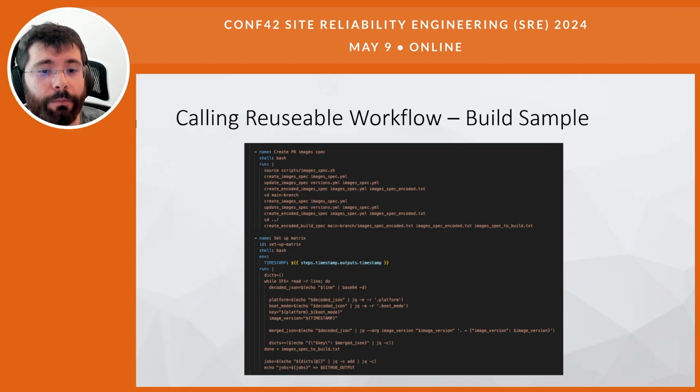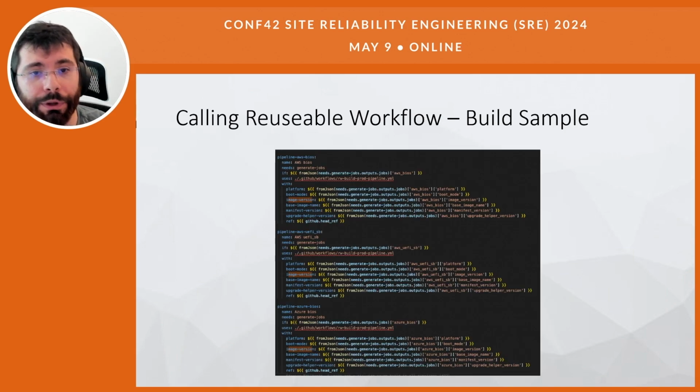Give me the diff, and then based on that, we'll create a matrix of pipelines. And then based on the matrix, we'll call the job. So the workflow has these static names of jobs. So we know pipeline AWS BIOS, pipeline AWS with secure boot. So those are jobs in this workflow.